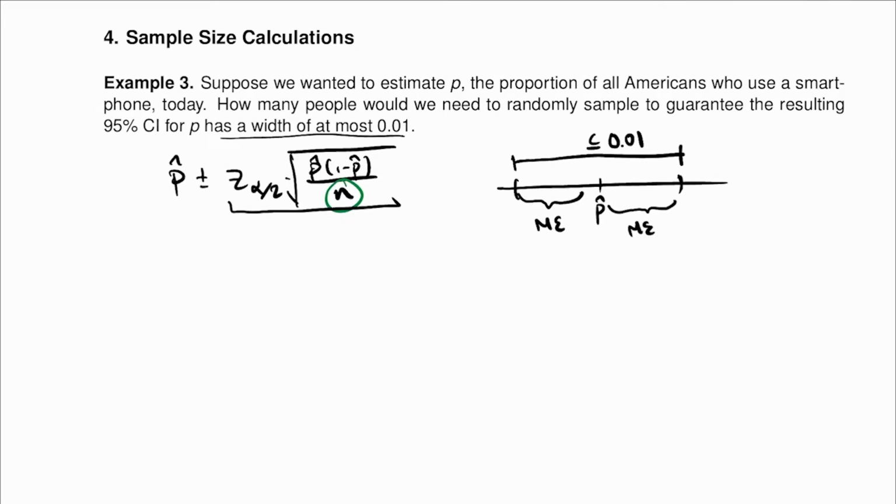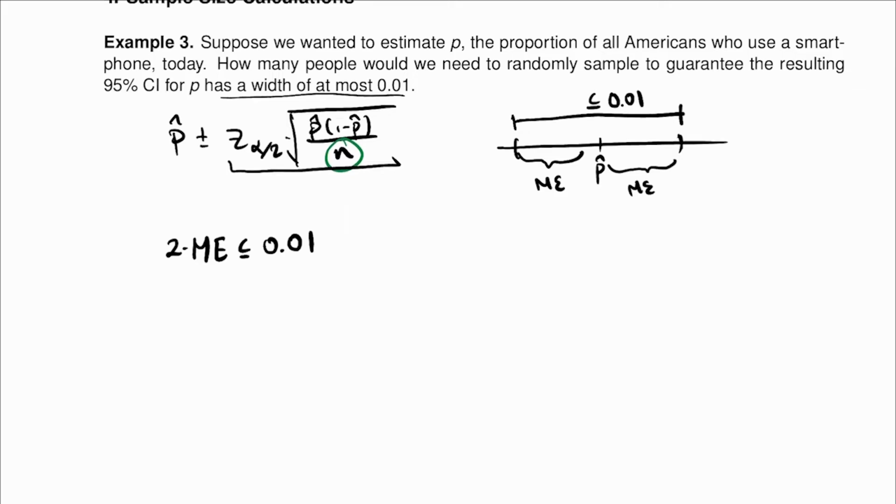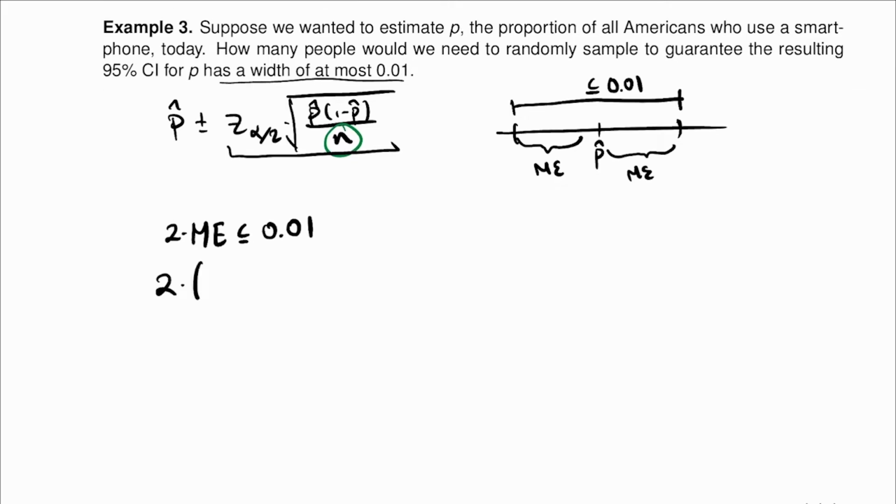So that means we want 2 times the margin of error to be less than or equal to 0.01. The critical value for 95% confidence is 1.96. We approximated it with 2, but now that we know how to calculate it, it is exactly 1.96.